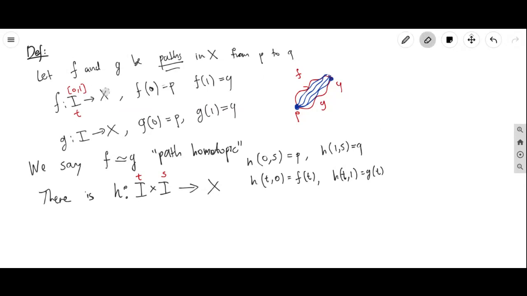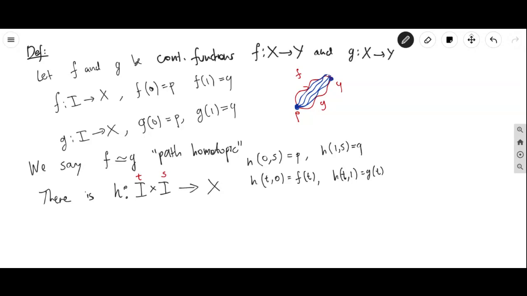So let f and g be continuous functions from one space into another space. You see, this is where the difference occurs. When you're working with paths, it's a continuous function specifically from an interval into some space.